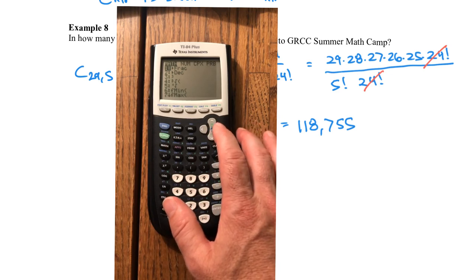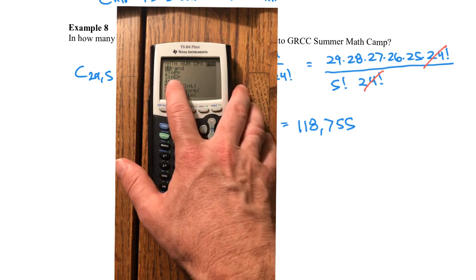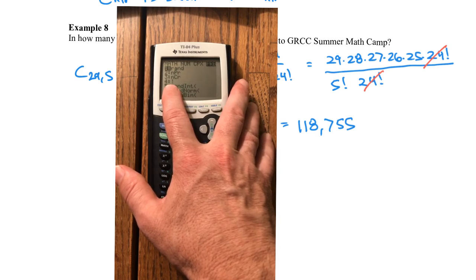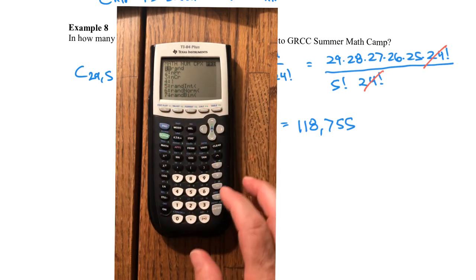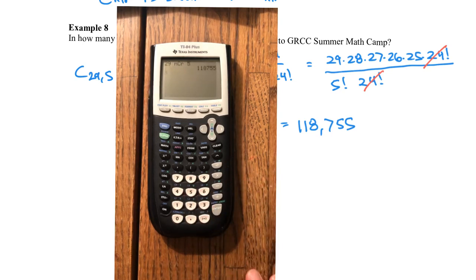This time I'll use the right arrow key. Press it a few times, get to probability, and then you can see the combinations. That's the third one down. You can see the fourth one down is factorial, which we talked about earlier. So you go to the third one, now you press 5, and you get the number of combinations.